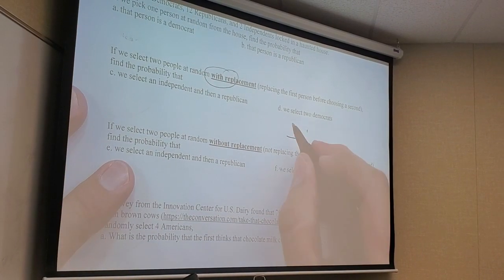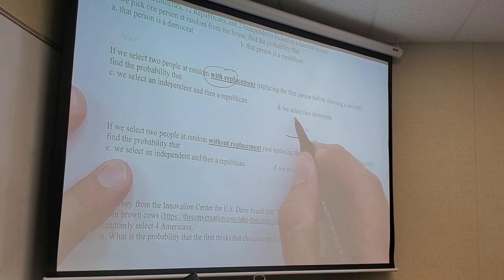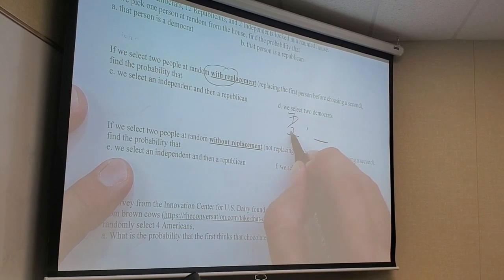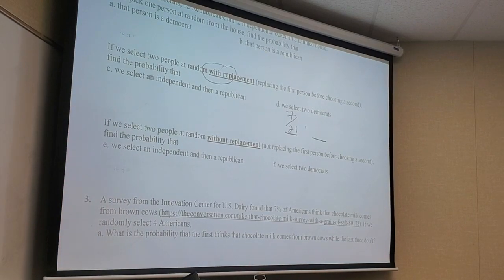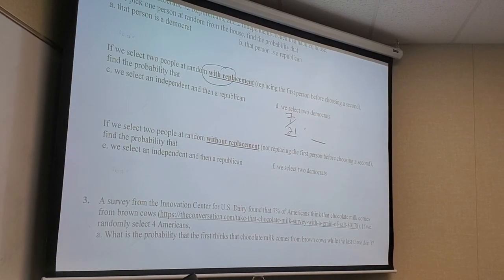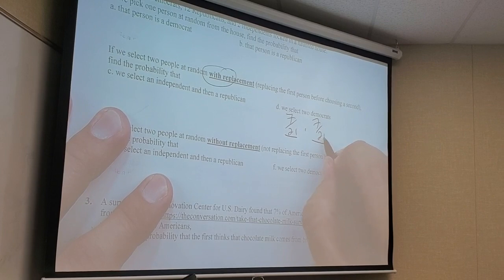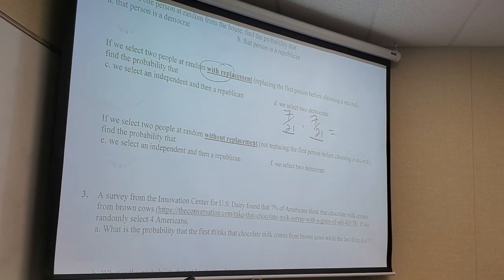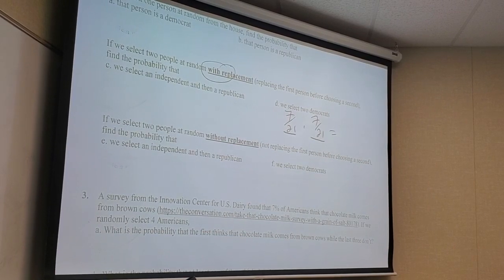So what's the probability the first person is a Democrat? 7 out of 21. I put them back in the house. So what's the probability the next person's a Democrat? 7 out of 21. And if you do that, you'll get 0.1. Wow. Yep.